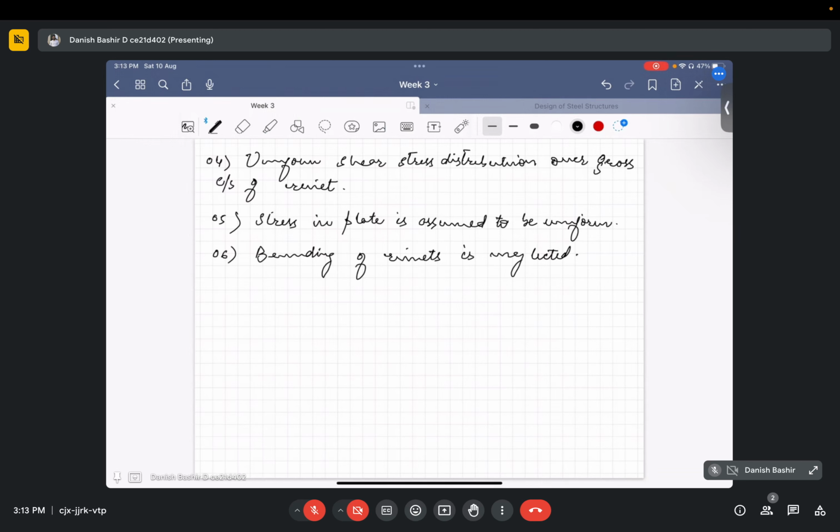The seventh important assumption is that bearing stress is uniform between the plates and rivets.